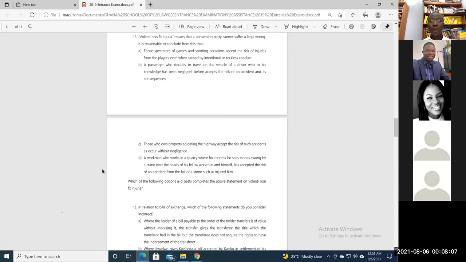A workman who works in a quarry where for months he sees stones swung by a crane over the heads of his fellow workmen and himself has accepted the risk of an accident from the fall of stone, such as injured him. I think D is not very reasonable.